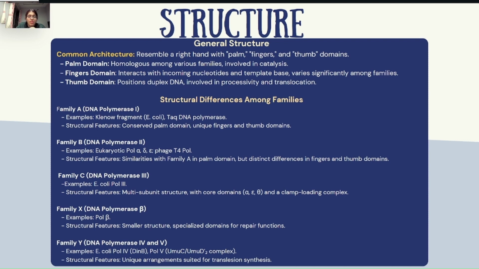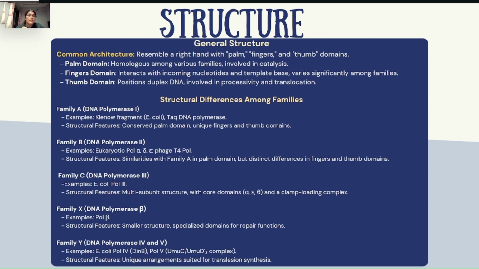Then there's a finger domain. This domain interacts with incoming nucleotides and the template bases. And then there is the thumb domain, which positions duplex DNA and is involved in progressivity and translocation.